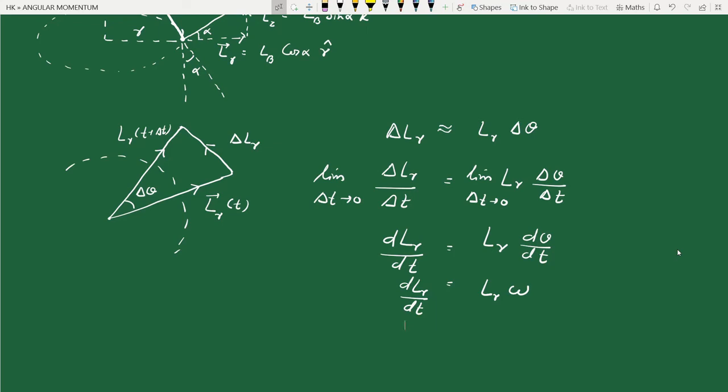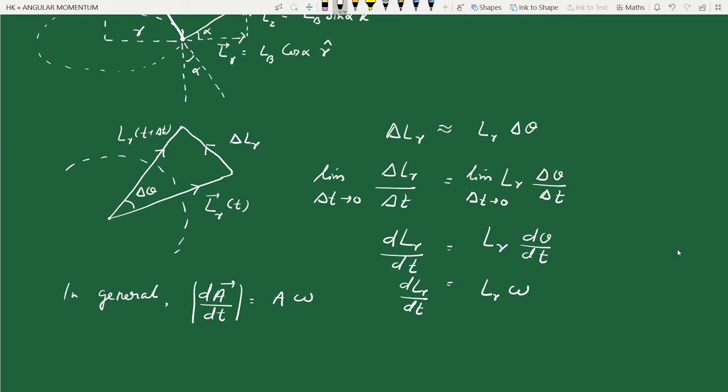When you rotate a vector like this, the rate of change of the vector can be written as magnitude times omega. If we are rotating a vector A like this, the rate of change of the vector we can write as the magnitude of A into omega.